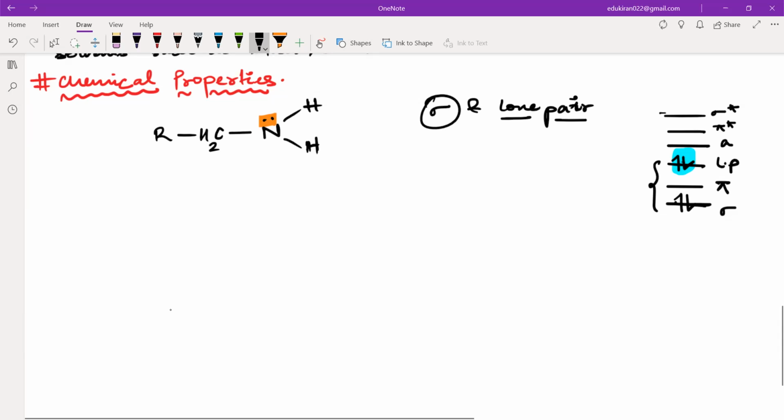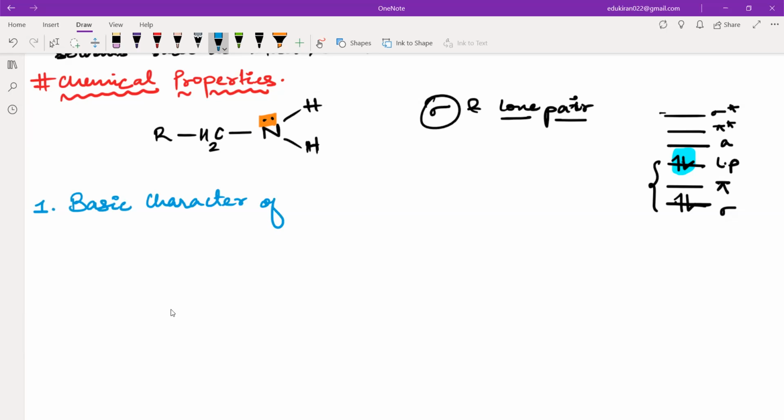The first thing is that we will try to understand the basic character of amines. The first chemical property will be the basic character of amines.